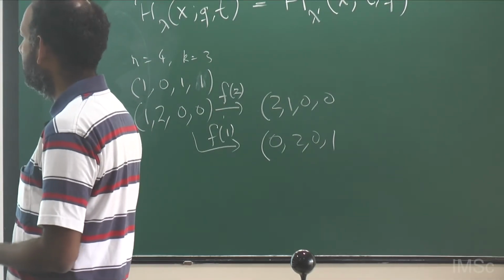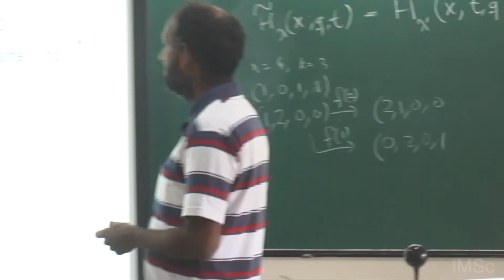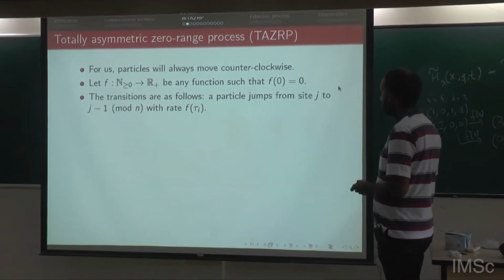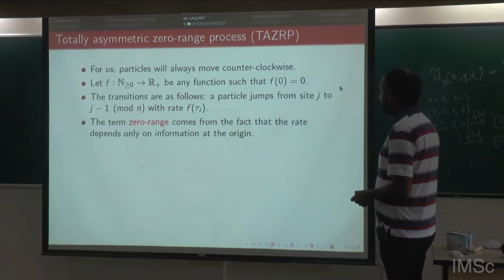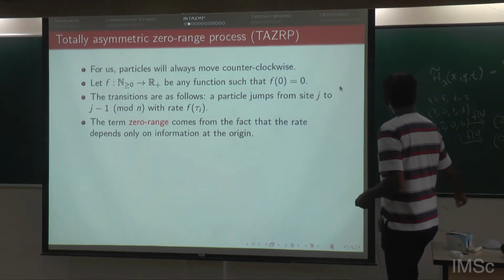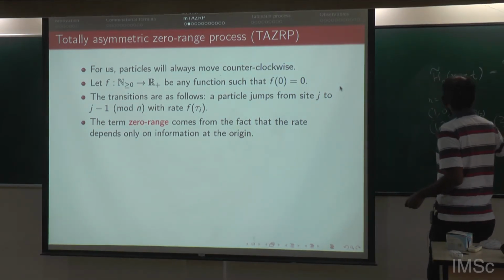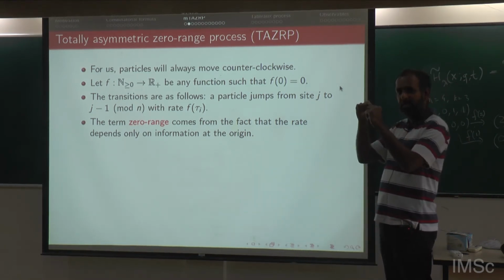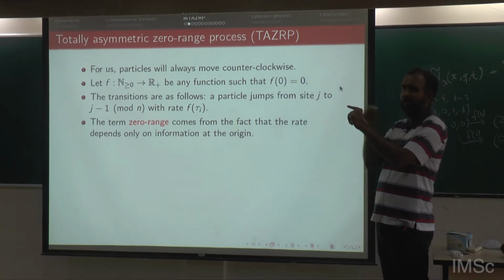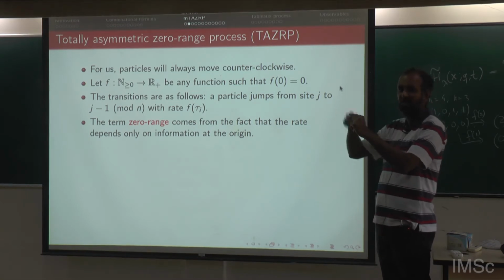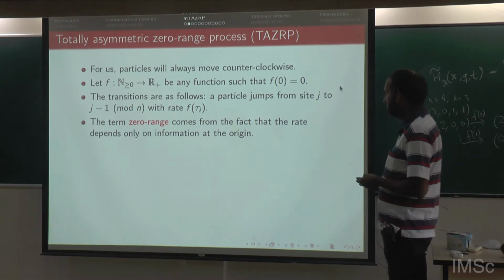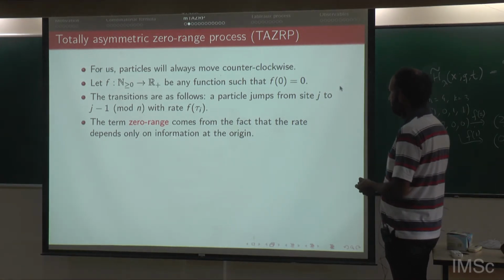All you need for the rate is that this should be a positive function. And why is this called zero range? Because the rate at which particles move out depends only on the content at that site. It doesn't depend on anything further away. So it's zero range. It only depends on the information at the origin site.